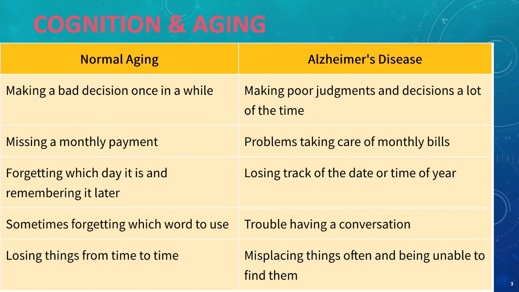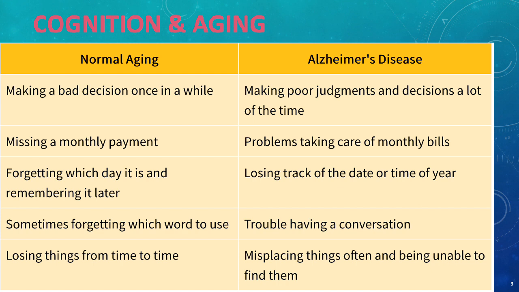And also, it's a lot more severe, whereas maybe in normal aging, someone might forget what the date is and then remember it a little bit later. With Alzheimer's disease, the person could actually lose track of the date, time, or year. They may not know what year they're in at all.